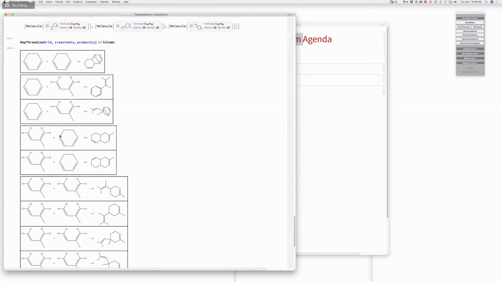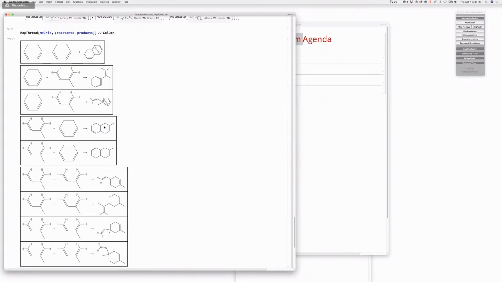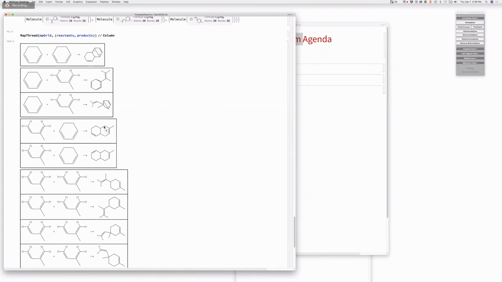But are you saying you're matching stoichiometric concentrations of these? No. You're just rewriting some molecule. The template for the reaction has a list of substructures on the left and substructures on the right, and they get transformed into them.